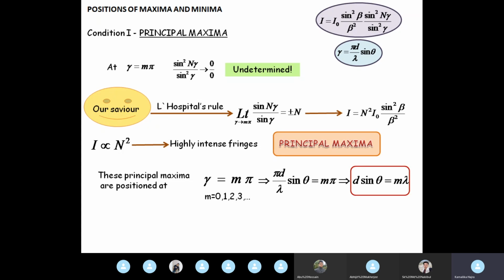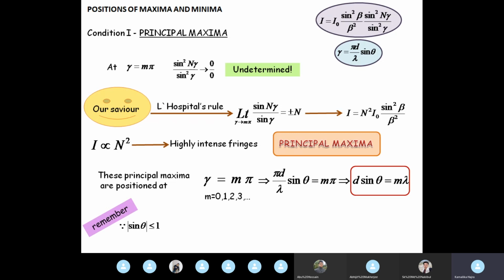This is the position that will give you the principal maximum for a given order m, and putting the different values of m, you will see that there are several such positions where you will get the principal maxima. So when you have multiple slit diffraction, you get not one central maximum but several such principal maxima for the orders given by m equal to 0, 1, 2, 3, etc.